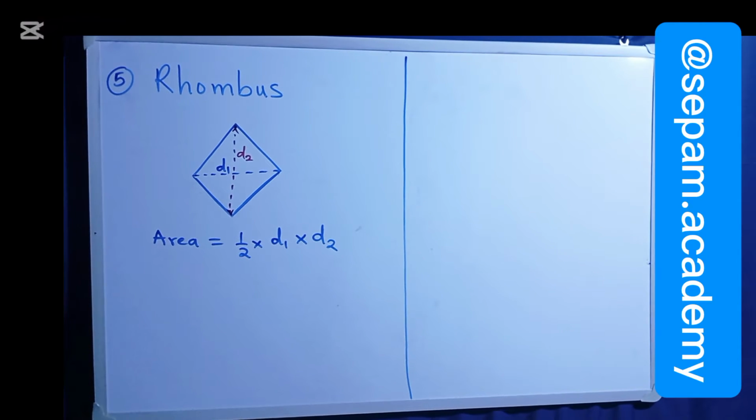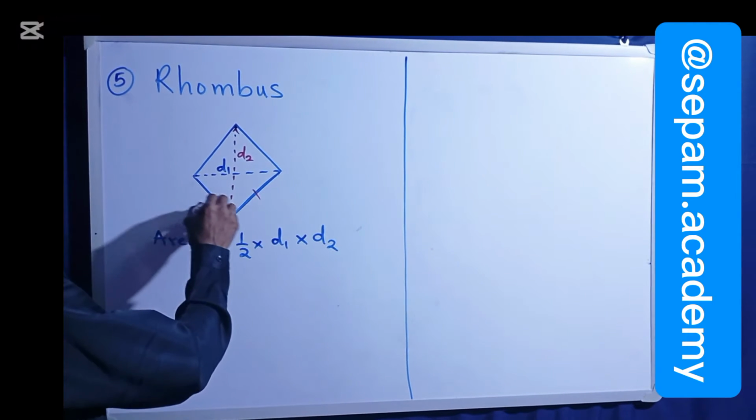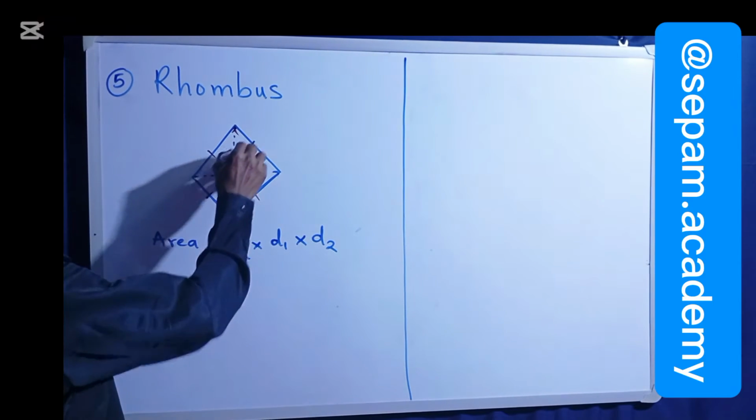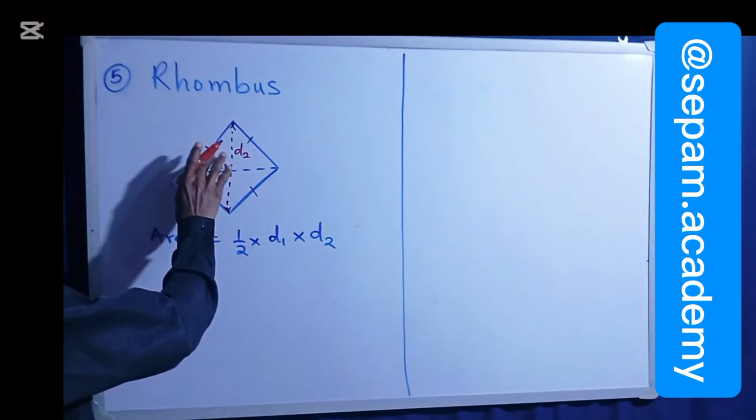Okay, so the next one we're going to do is to find the area of a rhombus. A rhombus is like a square, so all these sides are basically equal.